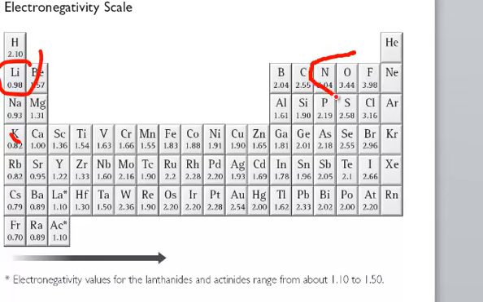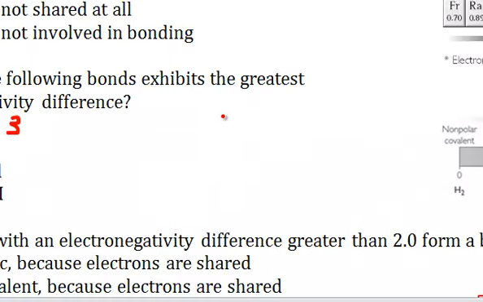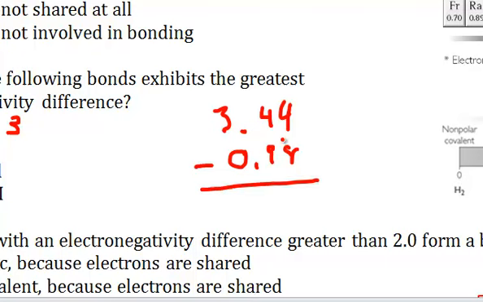Here's oxygen, and that's 3.44. Lithium is 0.98. Change that to a 3, carry the 1, that's a 6. That's a 2. 2.46.